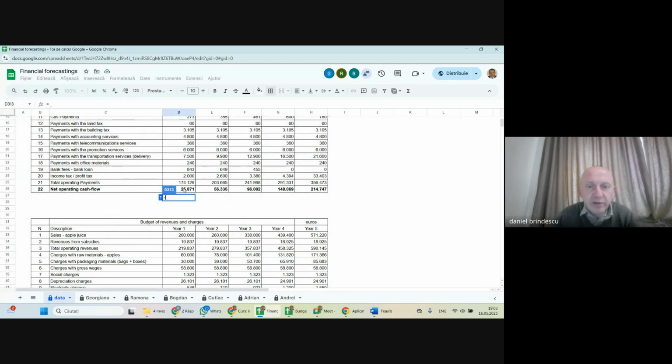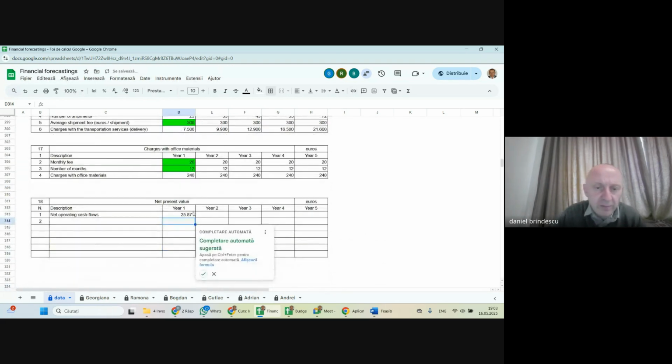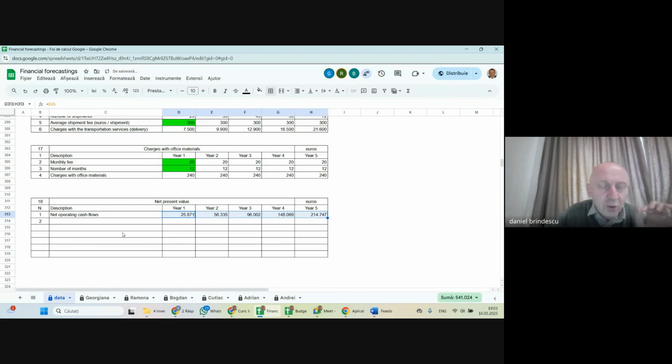So I'm taking the values from here. These are my net operating cash flows, the future values.